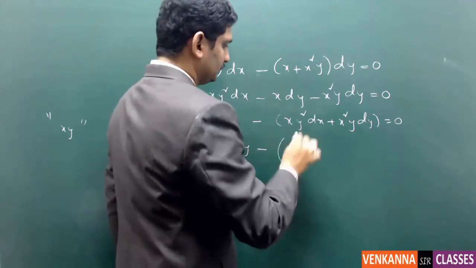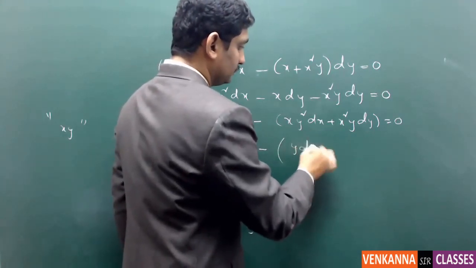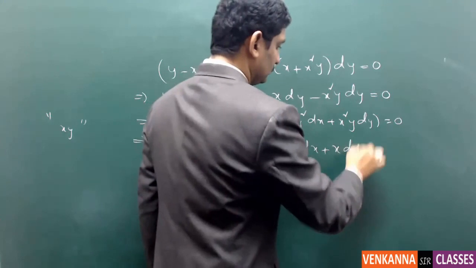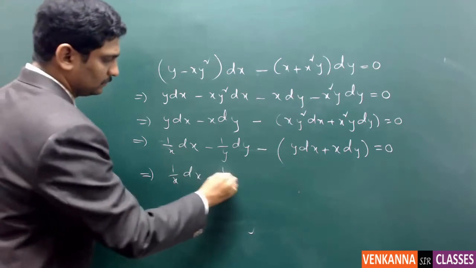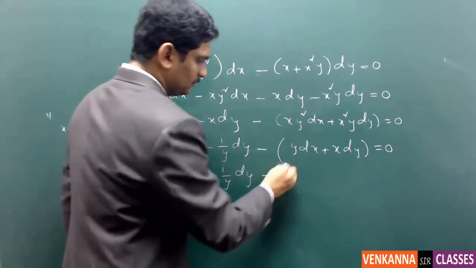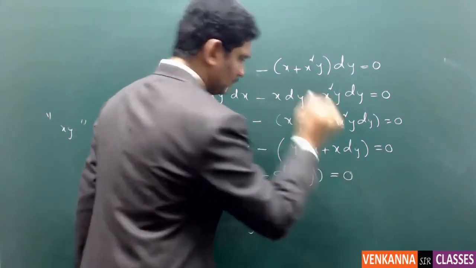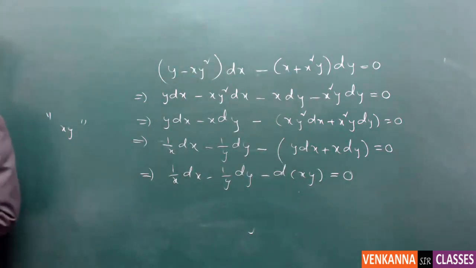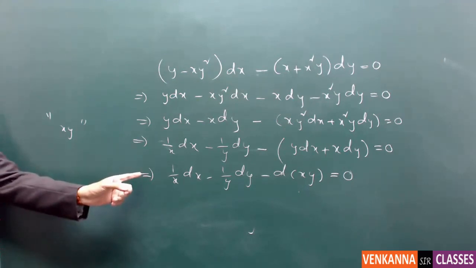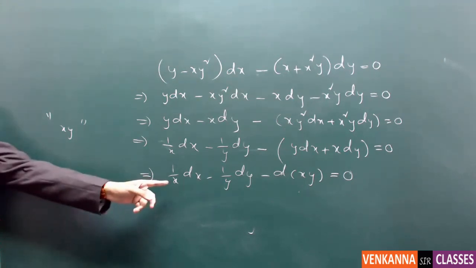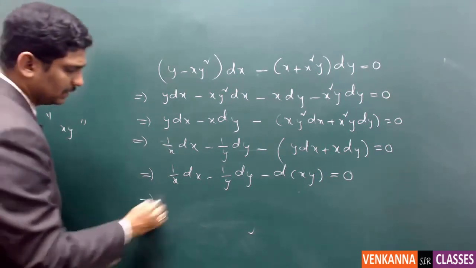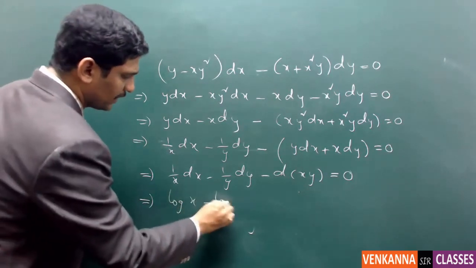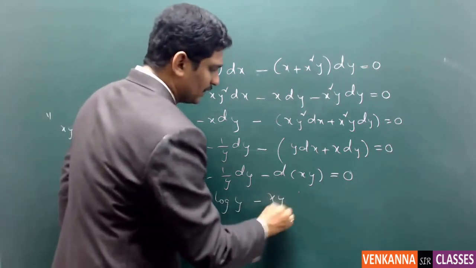minus of xy... accepted. If you divide with xy and you make it integrable, with each variable and its corresponding differential existing side by side, then if you integrate, its value is log x minus log y minus xy equal to c.